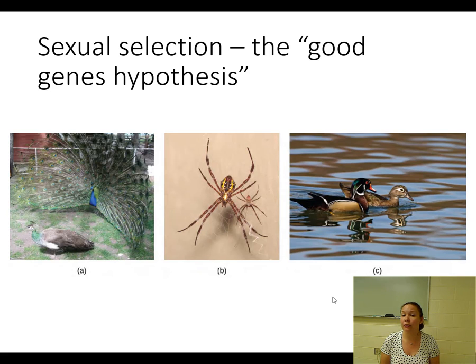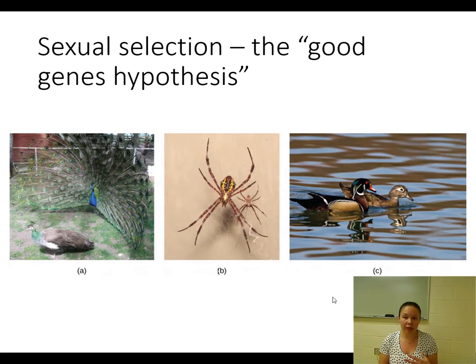So they're going to choose the best male. And so the best male comes in the form of competition. So if they're stronger than other males, and in the form of behavior. So if they're able to present themselves and do a proper courtship ritual or dance for the female.